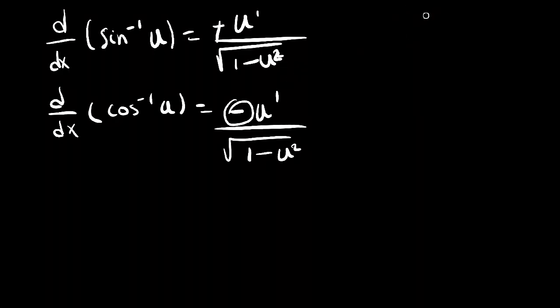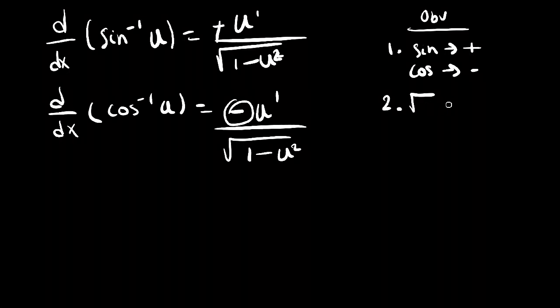So the first one is sine is positive, cosine is negative. The second observation I can make here is that on the bottom we have a square root in the denominator.